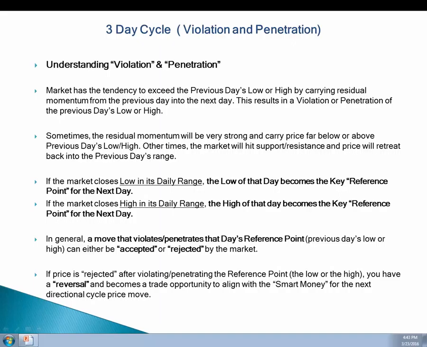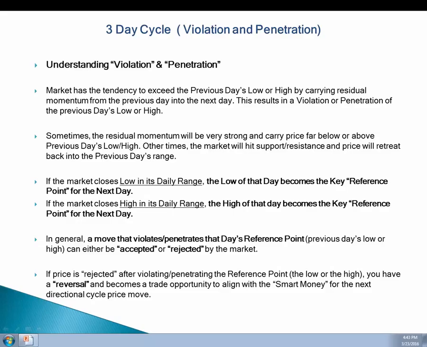Sometimes the residual momentum will be very strong and can carry price far beyond the highs and the lows of the previous day. When that happens, we have projections of how far prices may carry on a specific day, cycle day 1, 2, and 3, based upon a large data set of historical observation.